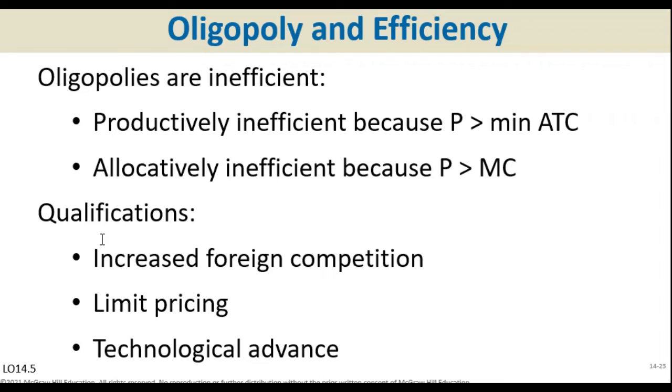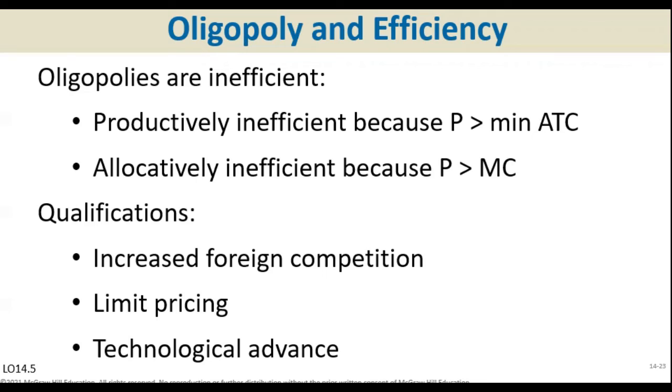And also there is the increase of foreign competition, right? So foreign competition has increased rivalry in oligopoly industries. If the oligopoly leader practices limit pricing, they may get a lower price.